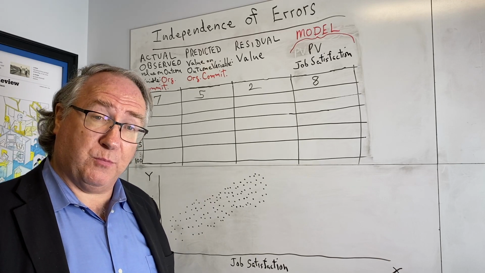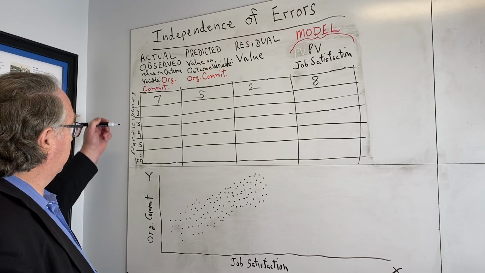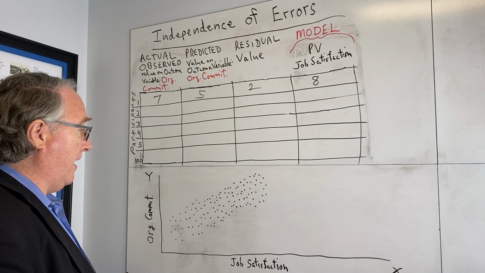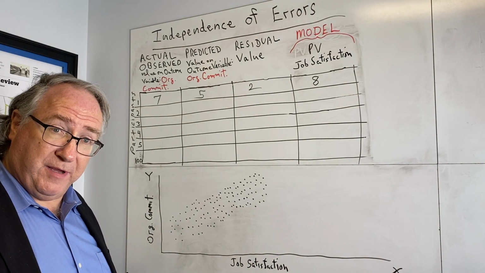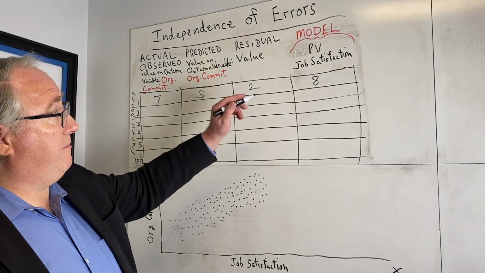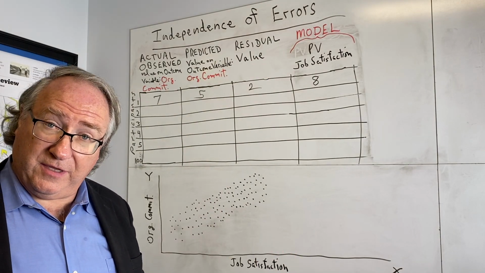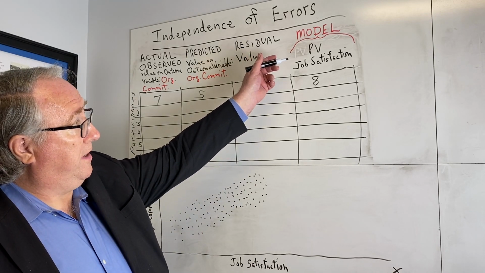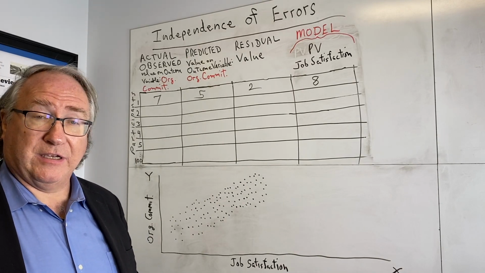So we have 100 participants in our sample, and for each one we have an actual observed value on the outcome variable measure. This is a measure, along with the measure of the predictor variable, that we handed out to 100 people. They filled out the measures, and we scored the job satisfaction measure for each participant.